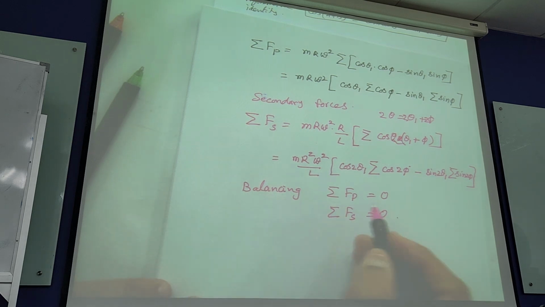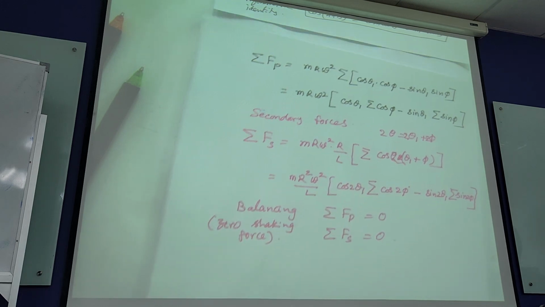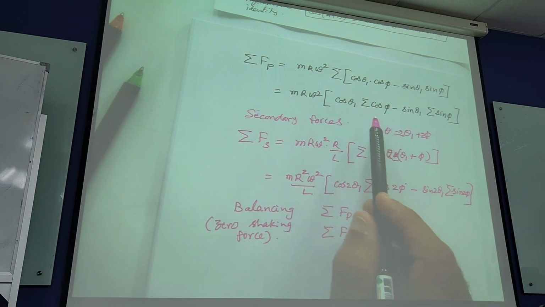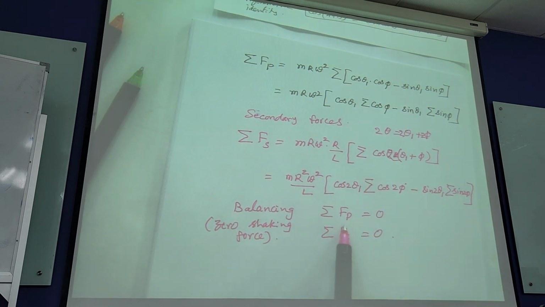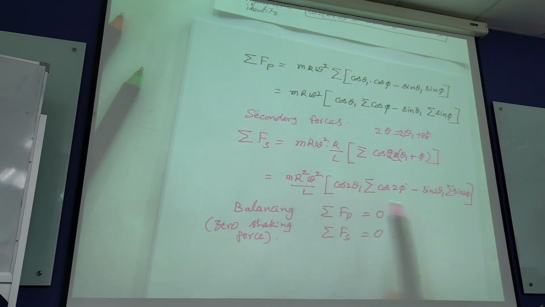So balancing means zero shaking force, so the net force will be 0. Now look at the equations: how to make the sum of the primary forces 0 and the sum of the secondary forces 0.